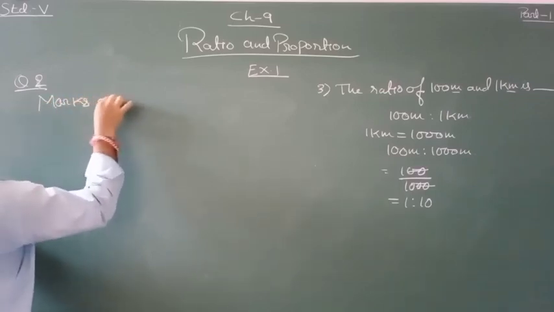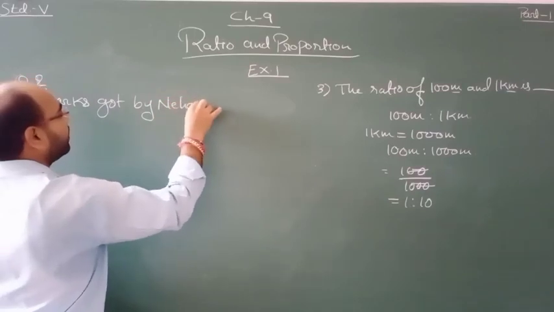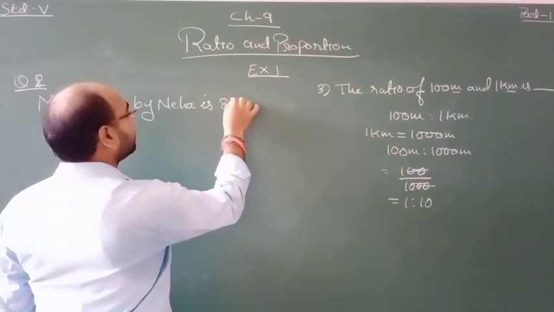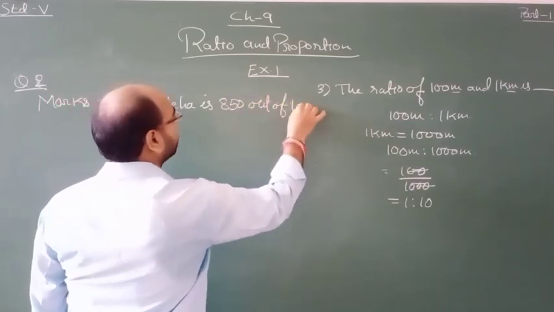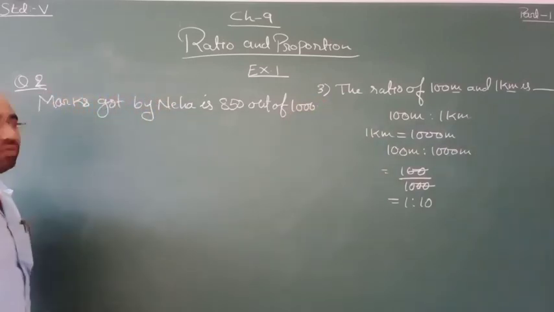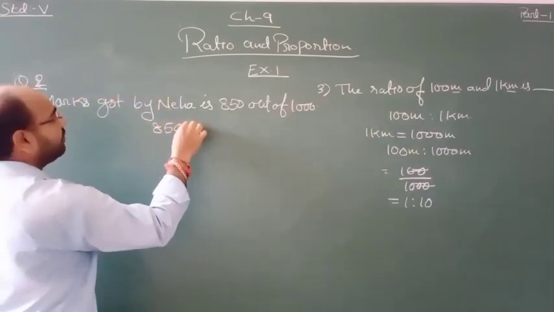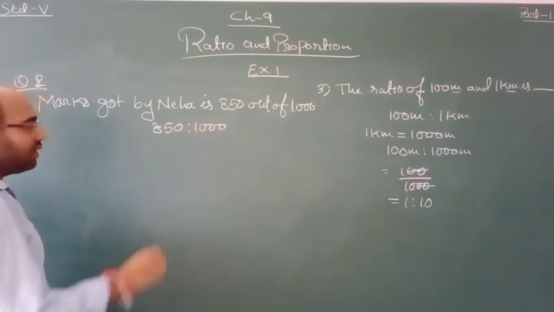So marks got by Neha is 850 out of 1000. So अब उसका रेशियो करना है. So ratio will be what? 850 is to 1000.